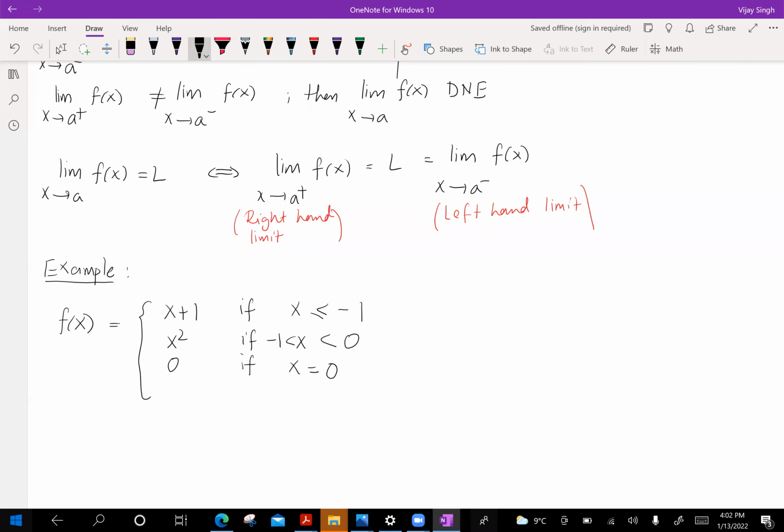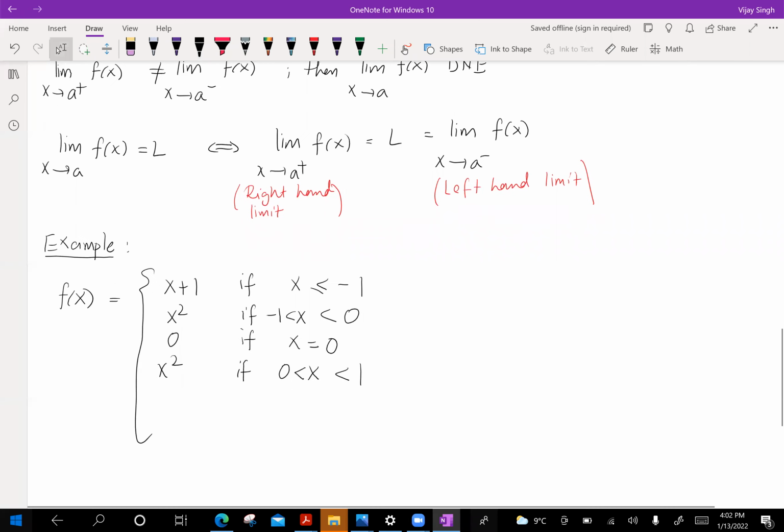So I'm defining a piecewise function. It is x squared again if x is bigger than 0 and less than 1, and it is x plus 1 if x is greater than or equal to 1.